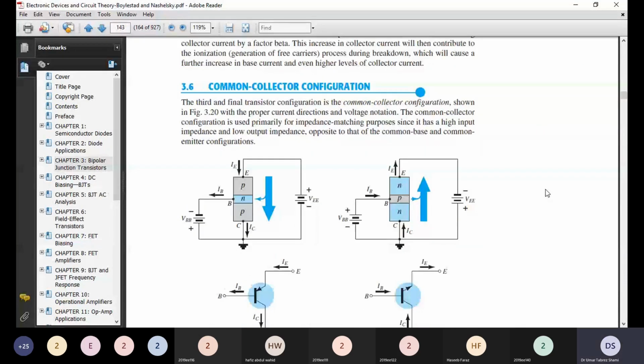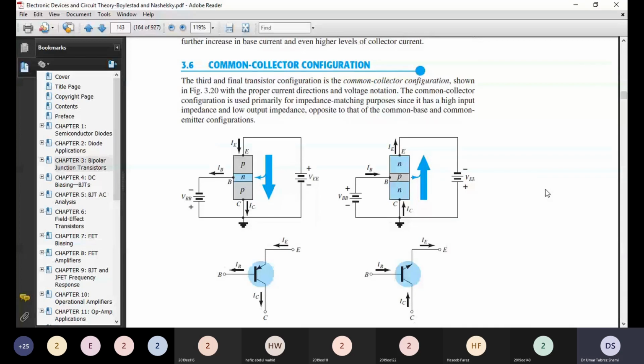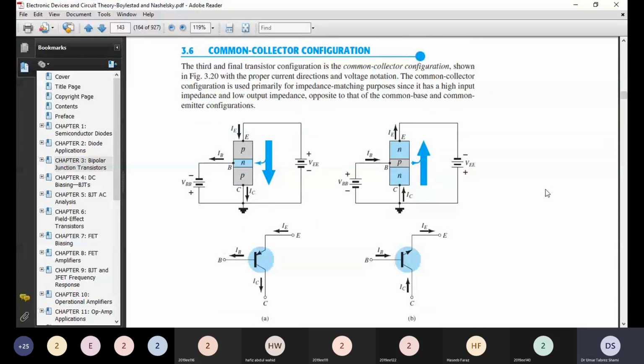Right. After this, we come to the third and final transistor configuration, which is called the common collector configuration. The common collector configuration, as the name suggests, is the configuration where the collector terminal is common between base-collector and emitter-collector.